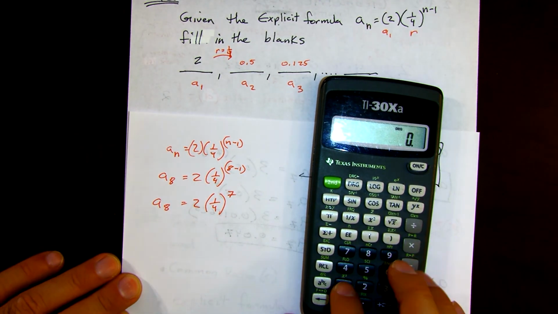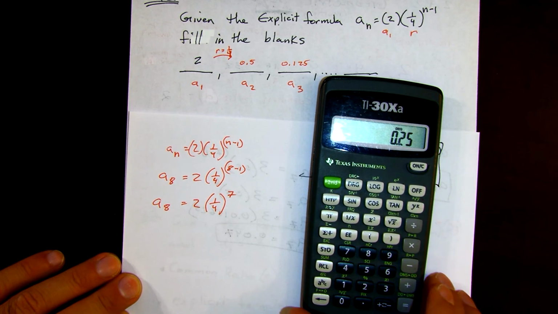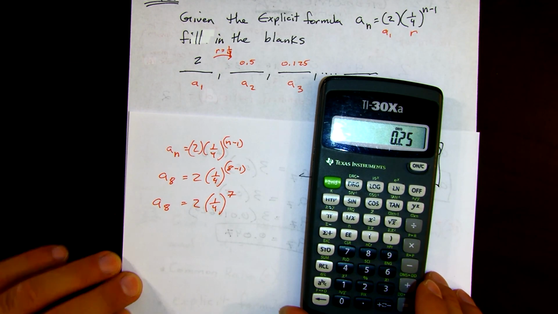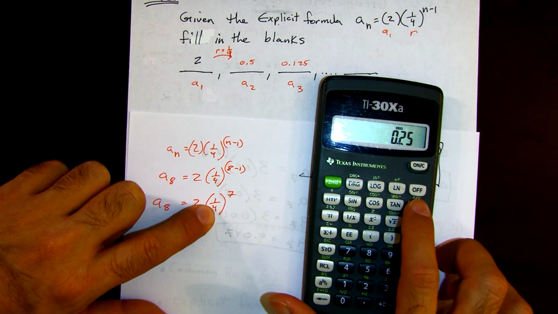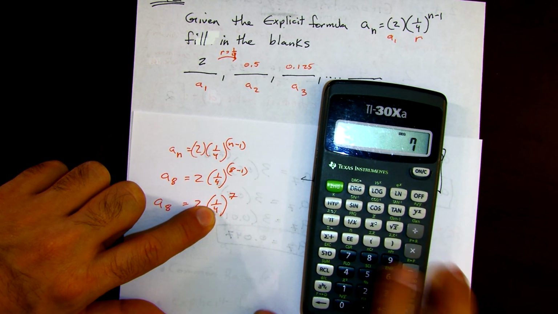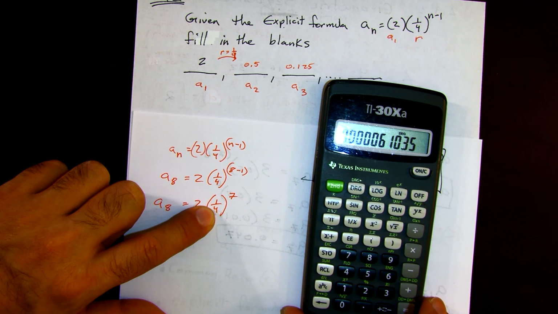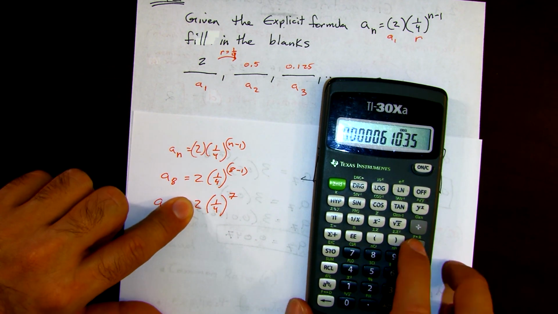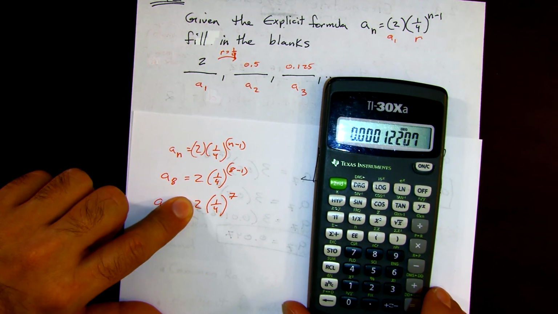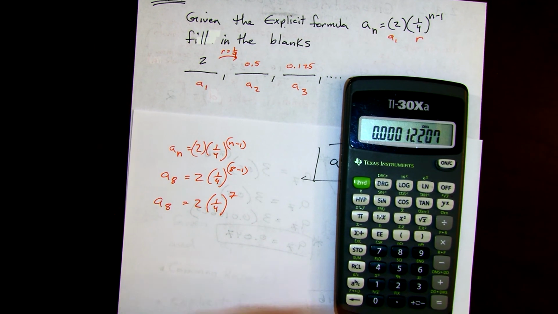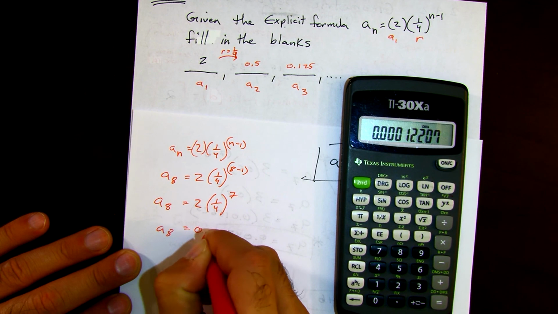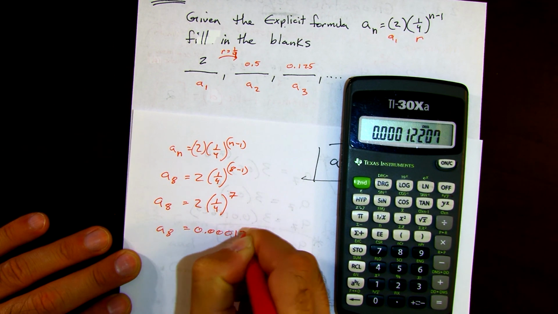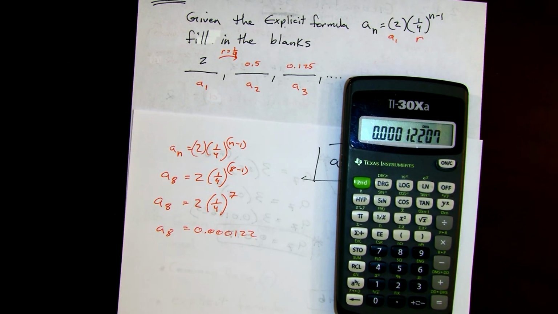Hello? Oh, it's just delayed in the video. 1 divided by 4. Okay. That's this. And now I need to raise it. This is the exponent button. Raise it to the 7th. And then I need to multiply it by 2. There it is. A sub 8, 0.000122. We'll keep it at that.